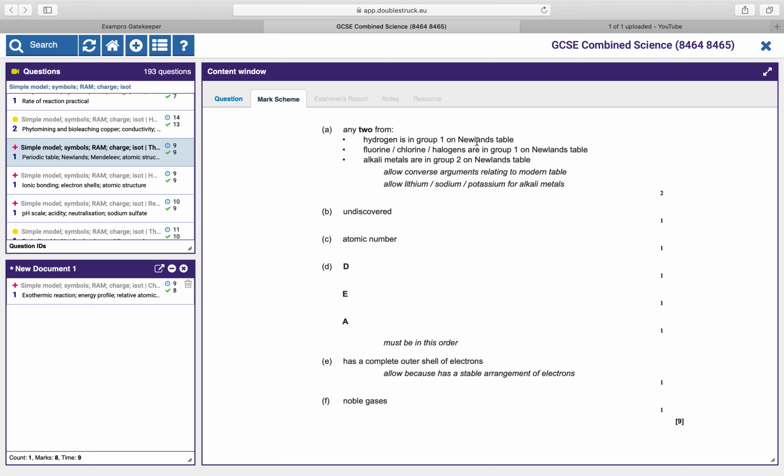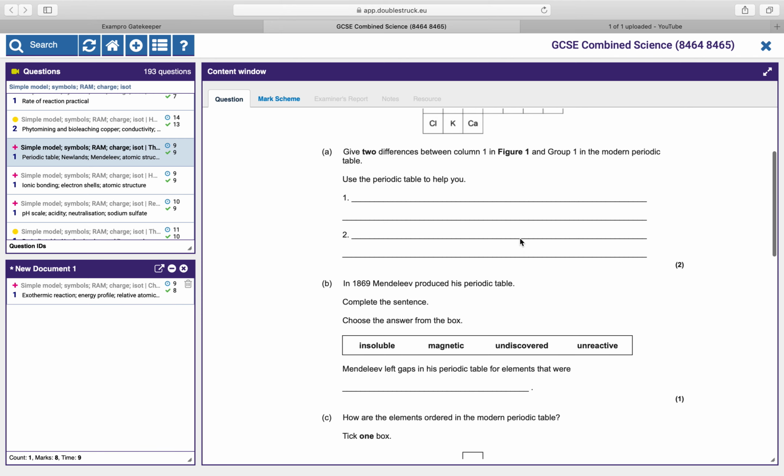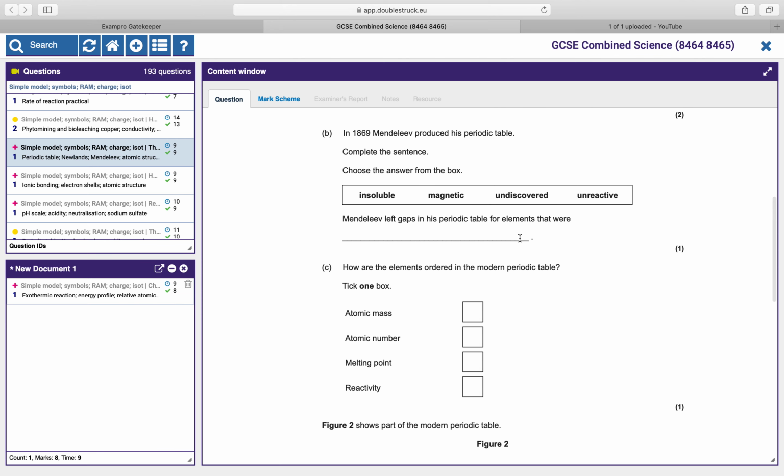Yeah, so that's fine. You can say Newlands table to distinguish it. If we refer to this table as the Newlands table, it's quite easy to distinguish between the two.